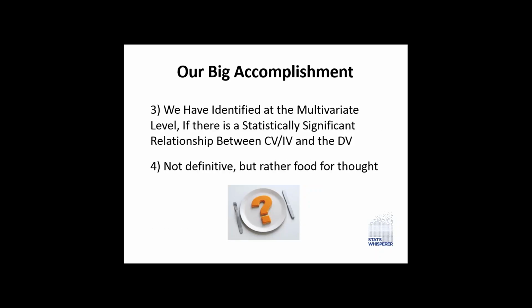So we've identified at the multivariate level a statistically significant relationship. Now, what we want to remember here is that these are numbers, and this is what they indicate, but it's not definitive, as number 4 says. It's food for thought. These are what the numbers are telling us is the situation, but it doesn't mean it's absolutely what's going on.